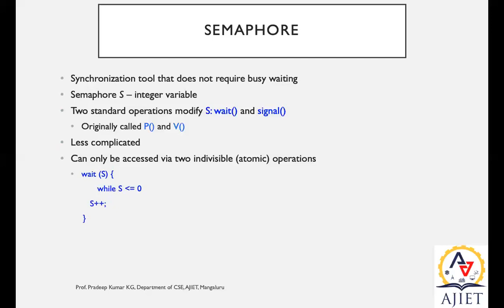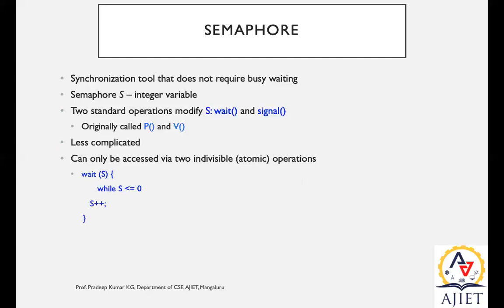The guarantee is that no two processes can execute wait and signal on the same semaphore at the same time. We should give a guarantee in such a way that no two processes can execute wait and signal on the same semaphore at the same time.